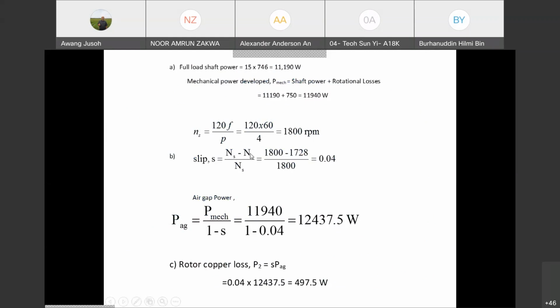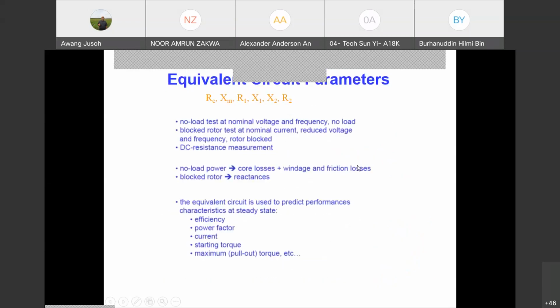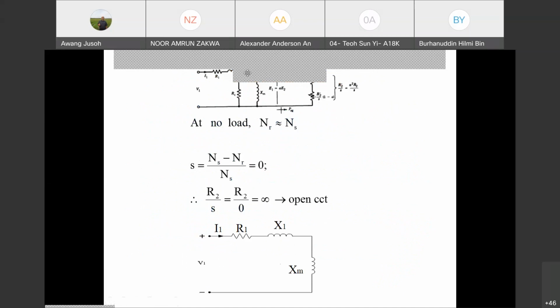So Ns minus Nr is equal to 0, and 0 divided by Ns becomes 0. So slip equals 0 during the no-load test. Clear? Why? Because the rotor speed is very, very close to synchronous speed. So if slip equals 0, then you go back to the circuit from just now.